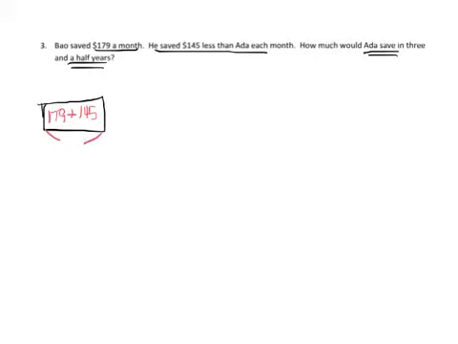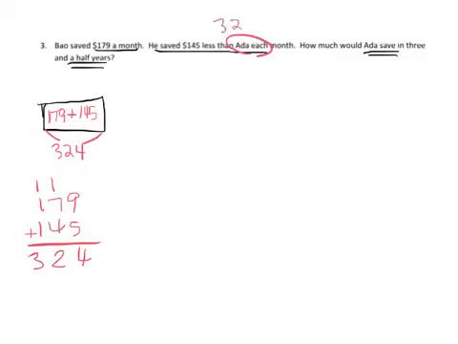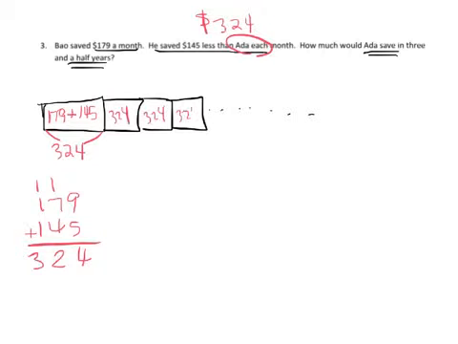So we need to figure out 179 plus 145, we add those up, and we get $324. So Ada saved $324 each month. So month after month, here's another month, another month, and each time, she's saving $324 a month.